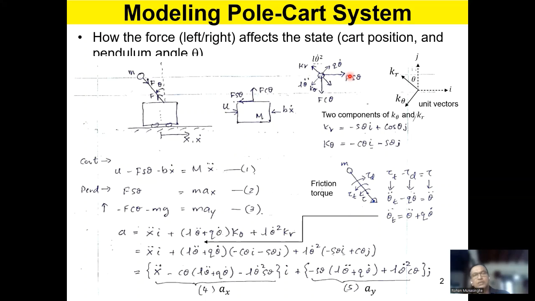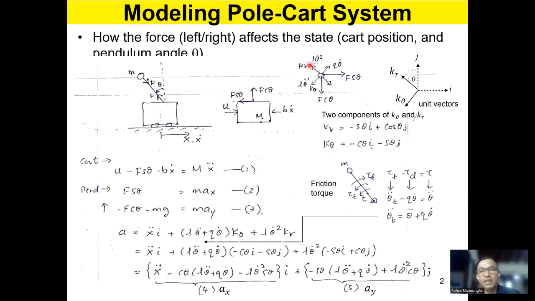Now, in addition to that, you have the tangential acceleration of the pendulum because it's going in a circular motion with respect to the cart. So this is with respect to the cart actually, these motions. You can see if you take the pole length as L, it is now going through a circular motion with the radius L. So L theta double dot is the tangential acceleration.